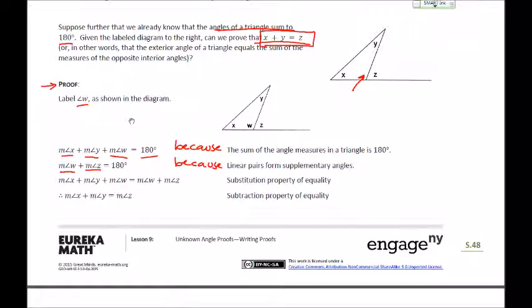Now the next thing we do is say, well, they both equal 180. That's the same number. And so this and this must equal each other. I put this on this side and this on that side, and they must equal each other. And the reason is because of the substitution property of equality. I can substitute equal things in and it will stay equal.